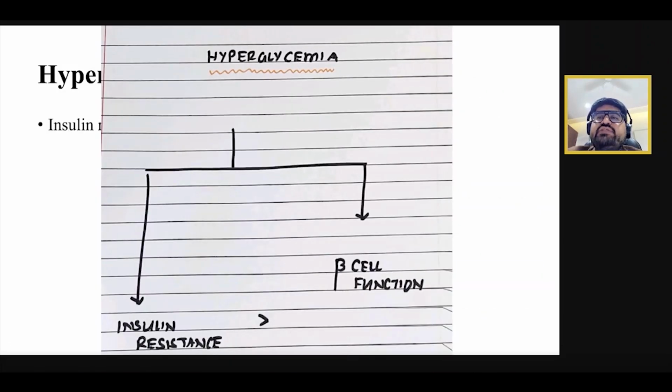Now, what happens when you have hyperglycemia? In any form of hyperglycemia, you will have insulin resistance more than beta cell function. Now, when I say insulin resistance is more than beta cell function, I don't always mean that the insulin resistance is high. The insulin resistance may be normal and the beta cell function may be less, or the insulin resistance is high and the beta cell function may be normal.